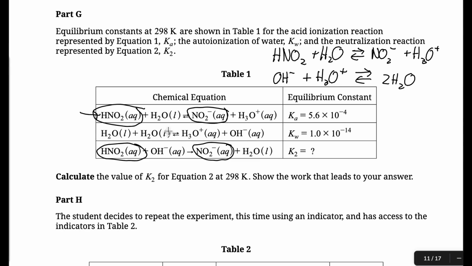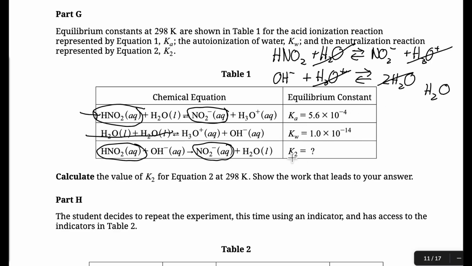We have two of them. So when we add these two reactions together, you'll notice this H2O cancels with one of the H2Os here, so you're left with one H2O. And then this H3O plus cancels with this H3O plus. So your final equation, you're left with HNO2 plus OH minus yields NO2 minus plus H2O, which is exactly our desired equation.